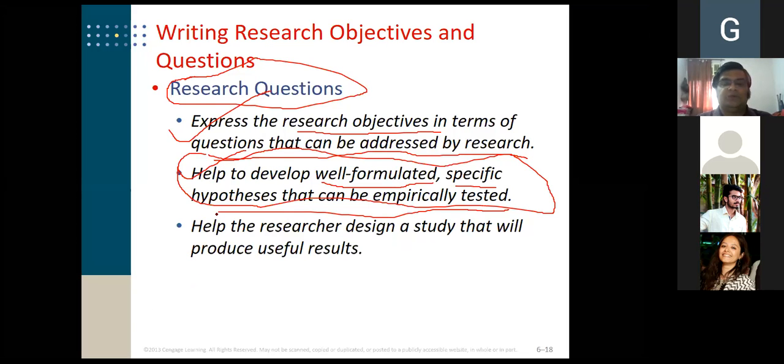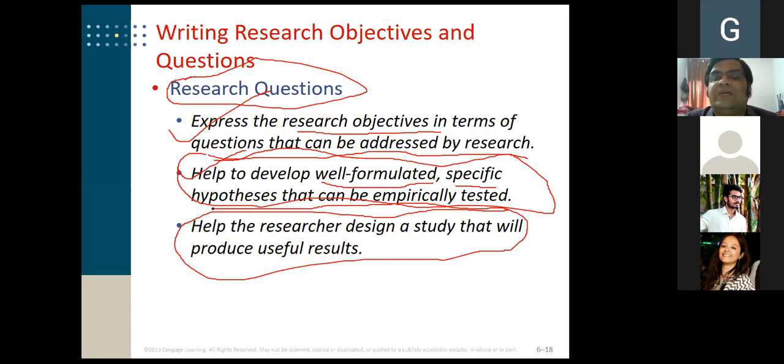And help the researcher design a study that will produce useful results. So this is the method of writing a research objective and research question. From the research objective, we write the research question. From the research question, we write the research hypothesis. That is our final step.